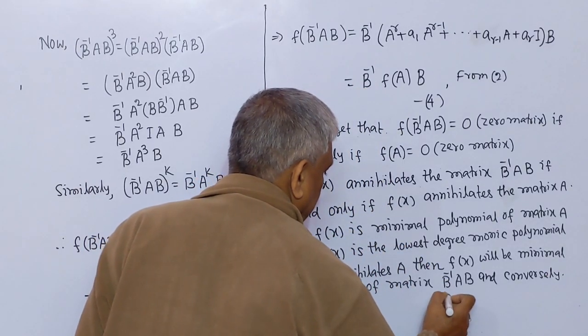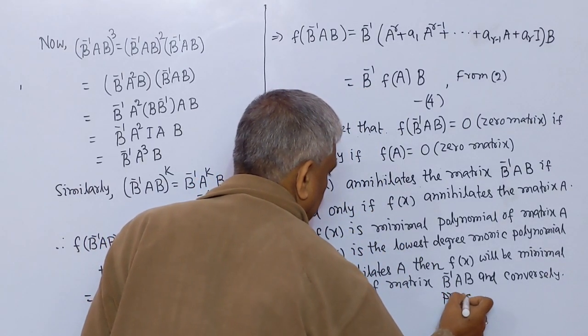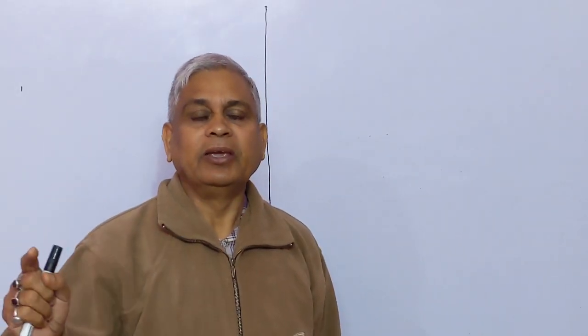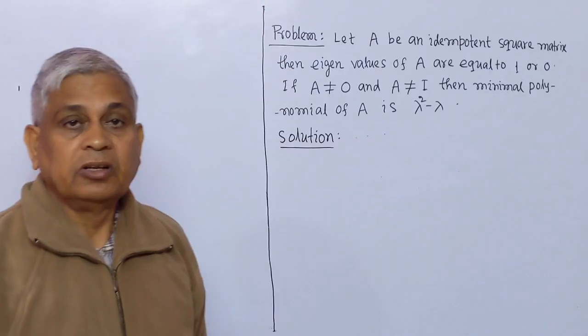Proved. Therefore, we may conclude that the matrix A and the matrix B inverse AB have the same minimal polynomial.